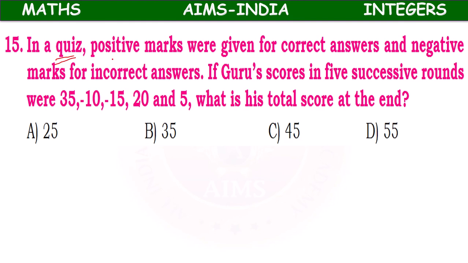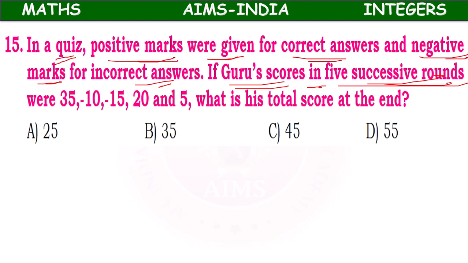So in a quiz, positive marks were given for correct answers, negative marks for incorrect answers. If Guru's score in 5 successive rounds were 35, minus 10, minus 15, 20, 5, what is his total score at the end?